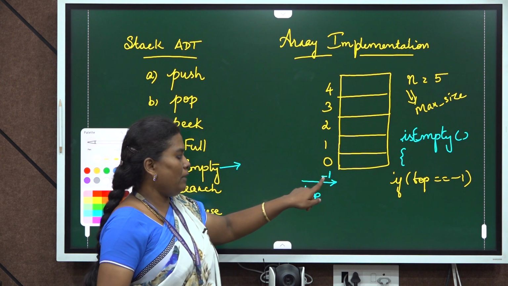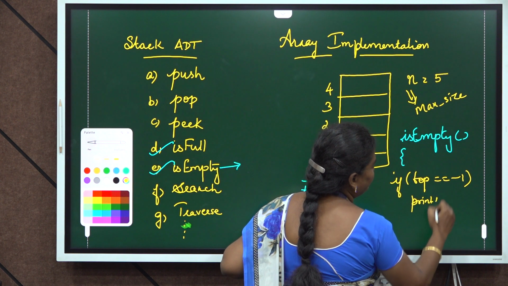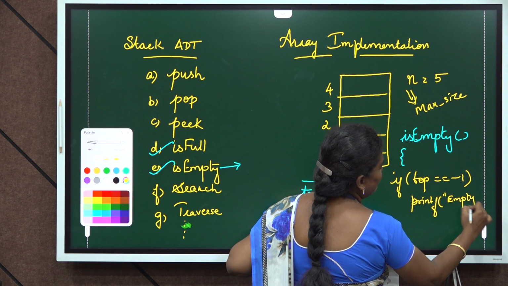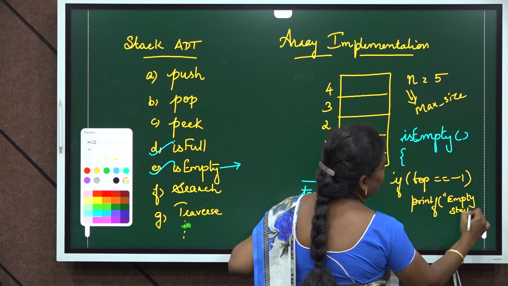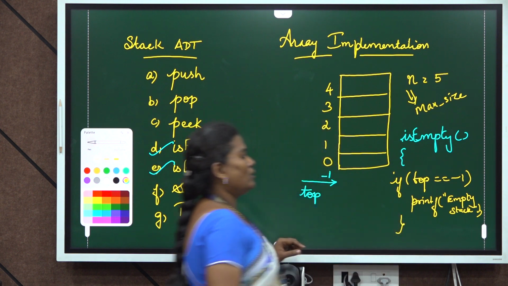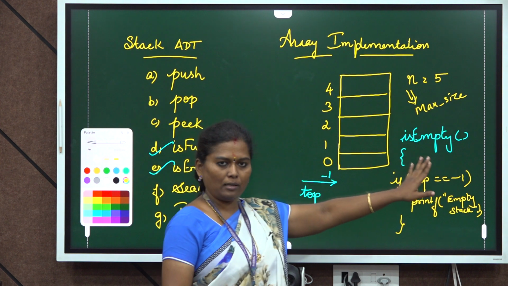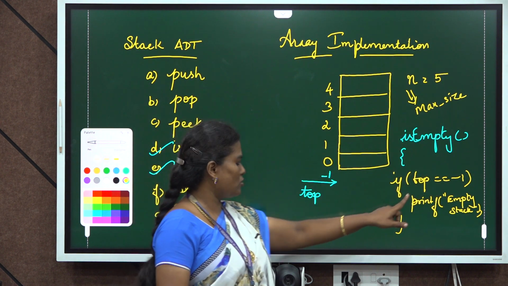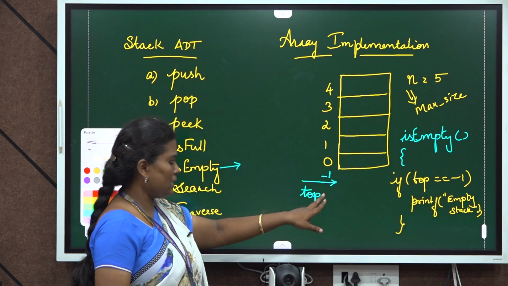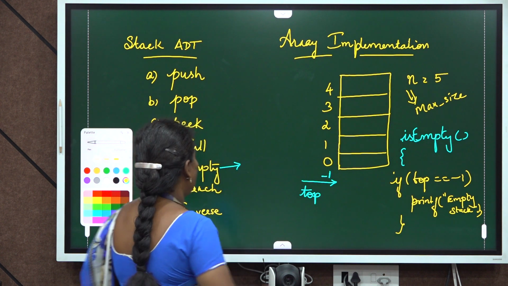If the top value is -1, then it means an empty stack. So whenever you want to check whether the stack is empty or not, it is easy for us to check with the condition top equal to -1. If it is -1, it means there is no element in the stack. That is what isEmpty tells about.